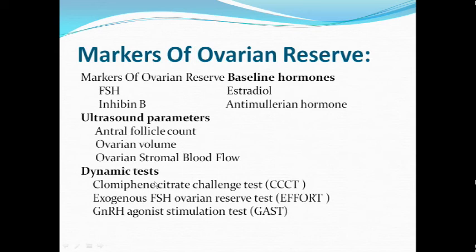Some different tests are available: the clomiphene citrate challenge test, CCCT; the exogenous FSH ovarian reserve test, EFORT; and the GnRH agonist stimulation test, GAST. So different markers for ovarian reserve are available.